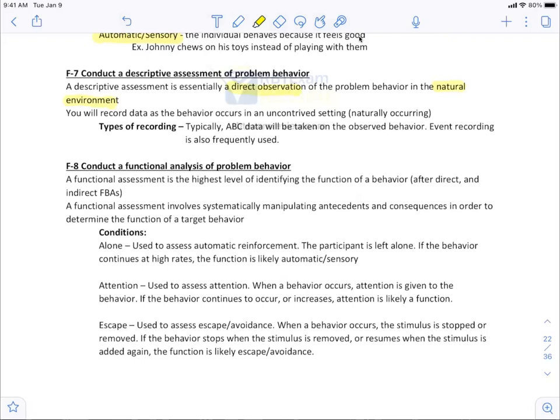This is typically going to happen prior to the start of intervention, or maybe during intervention if you were told new behaviors are occurring and you just want to watch the client in their natural environment without any contrived scenarios. That's what we're doing here, okay? It's just a direct observation in the natural environment. We have ABC data we can use. We have event recording, narrative ABC data. Very straightforward. Just remember, direct observation, natural environment.